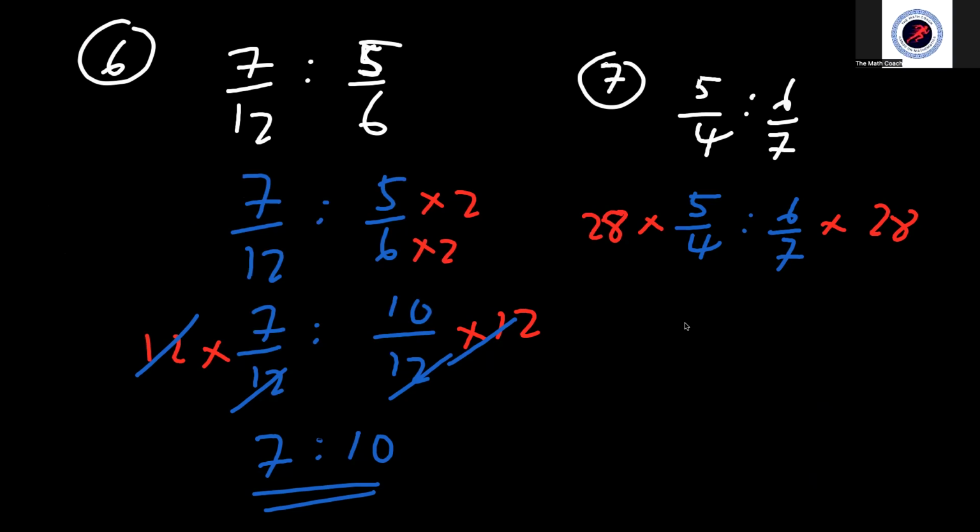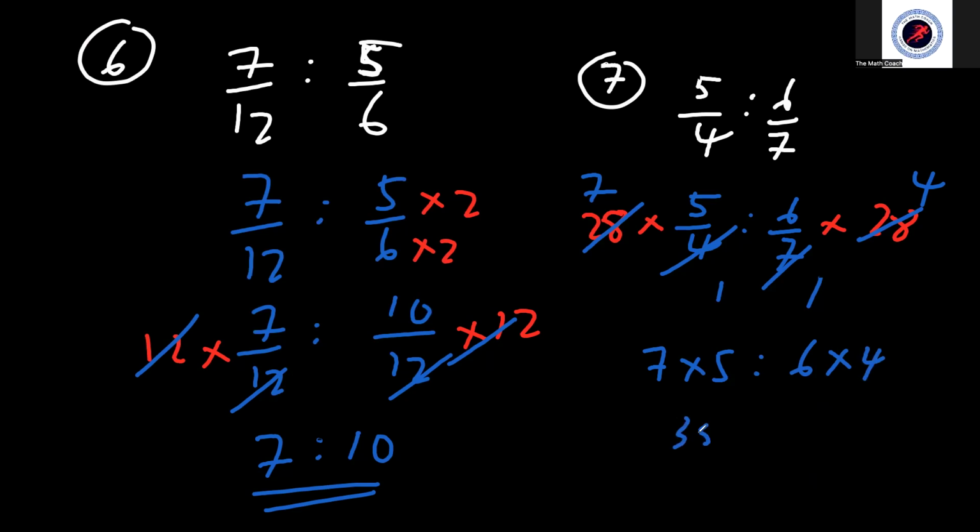So it's better to multiply by the LCM itself. So 4 times 1, 4 times 7, 7 times 1, 7 times 4. Then the answer is 7 times 5 is to 6 times 4, which is 35 is to 24. Do we have any common factors? No, we don't. So this is the final answer.